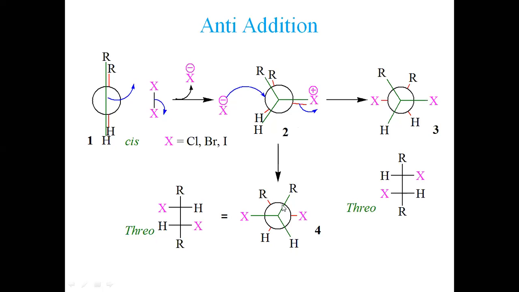Now if I make them eclipsing with each other, both of these X shall be present at these two hydrogens and they shall be opposite. You see, this substrate is different, this substrate is different. So if it is approaching from this side, both isomers form in exactly a 1:1 ratio. This is what we call anti-addition.